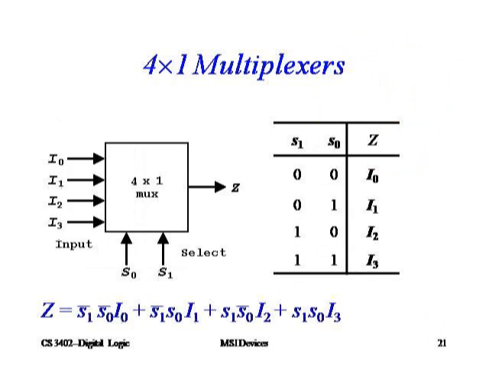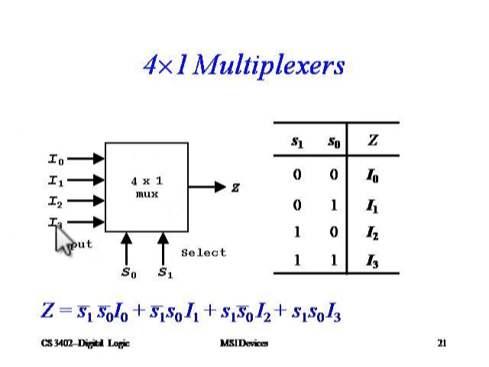Okay. Similarly, we can understand the truth table and equation of a 4 cross 1 multiplexer. The 4 cross 1 multiplexer has two selection lines S0 and S1, and there are 4 data lines I0, I1, I2 and I3.